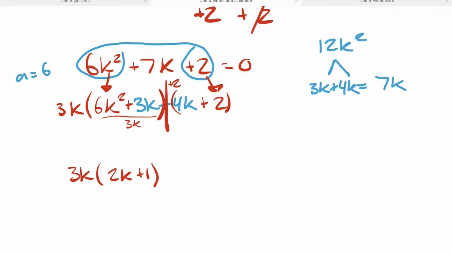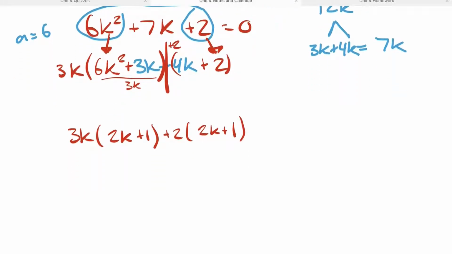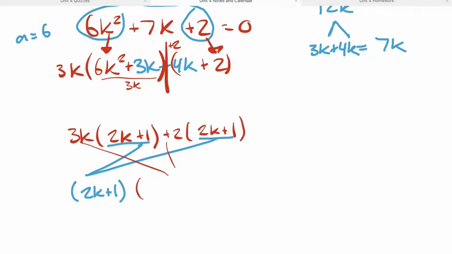So we'd have plus 2 times 2k plus 1. Again, we can always know that we did this right because these are the same. That's our new greatest common factor. We can factor out 2k plus 1, and then everything else would be 3k plus 2 equals 0.